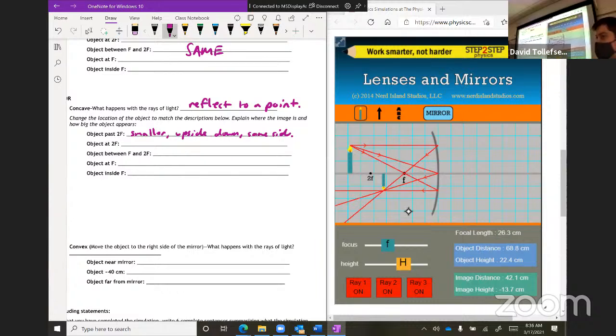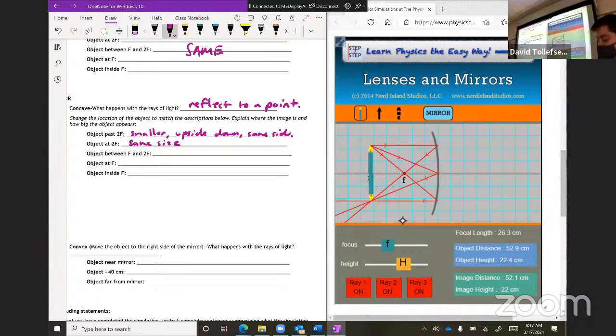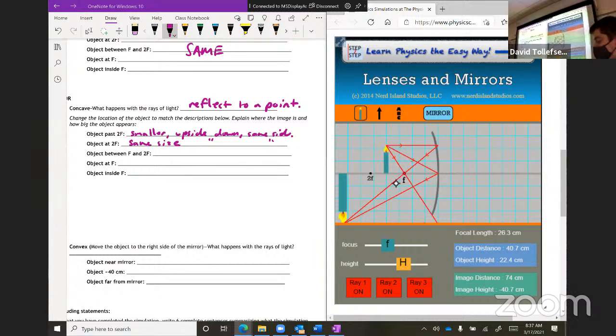I wasn't looking for that specific, but if I put the object at 2F, same size. Still upside down, still same side. If I put it between F and 2F, it's a little bit bigger.